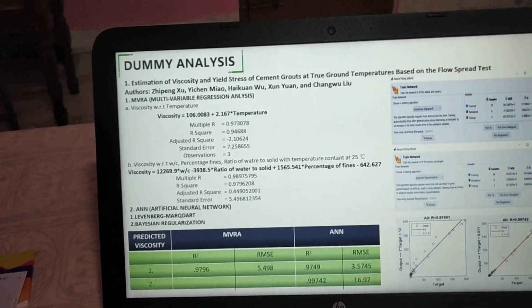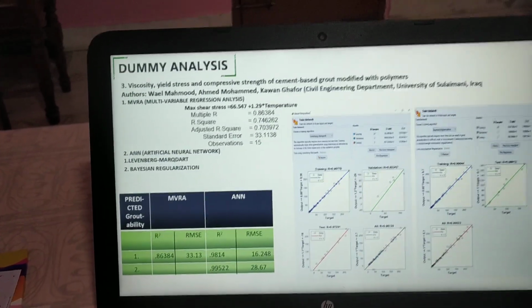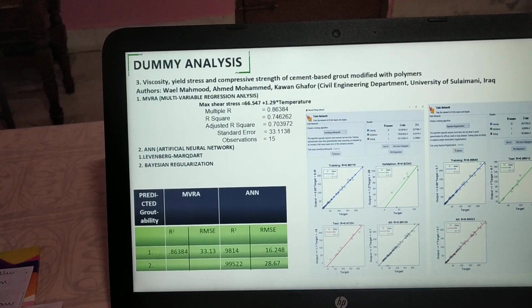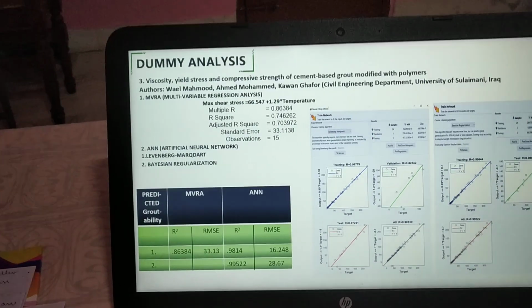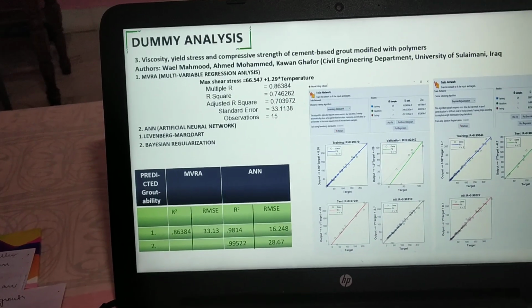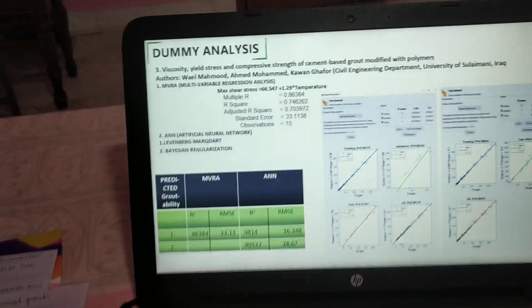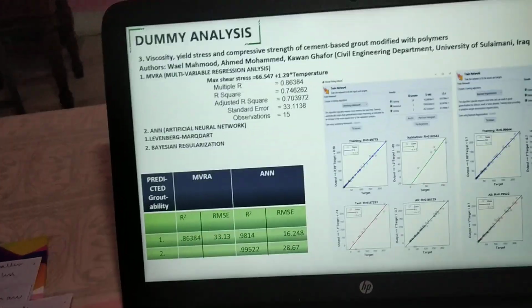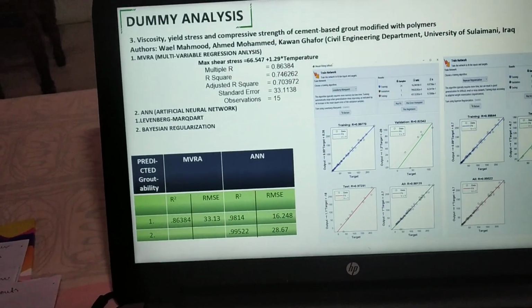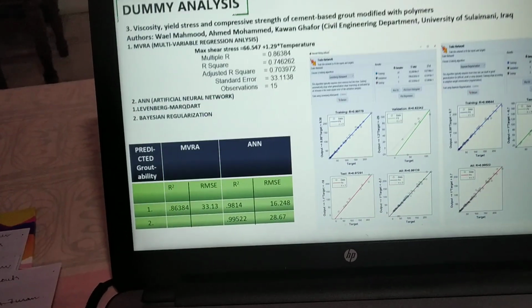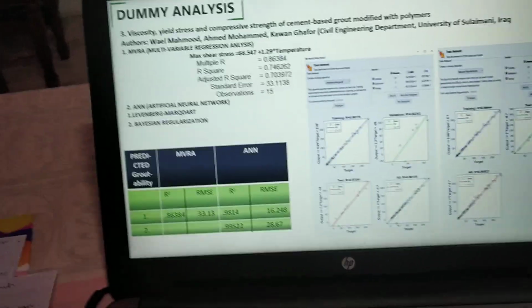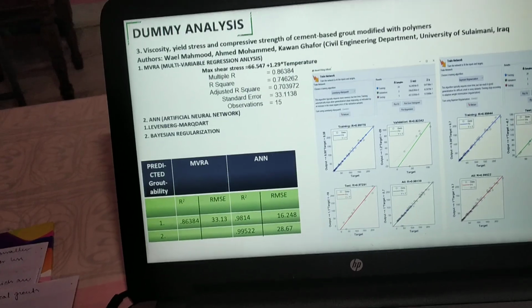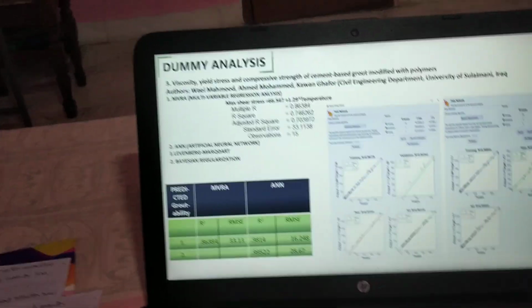But the only problem with the dummy analysis was that I didn't have the data for the ANFIS, or adaptive neuro-fuzzy inference system, to get a predictive value. Also, this dummy analysis lacks the actual use of data that has to be given to an artificial neural network to predict the values.